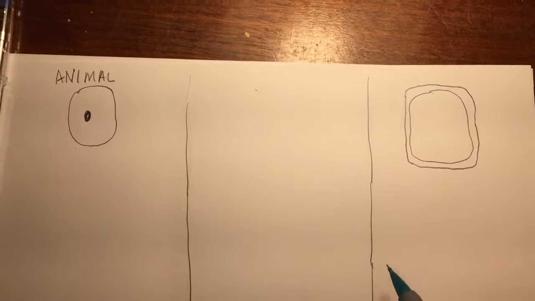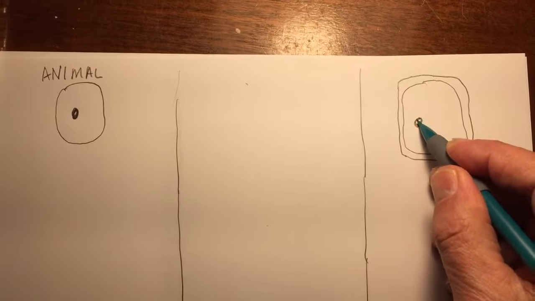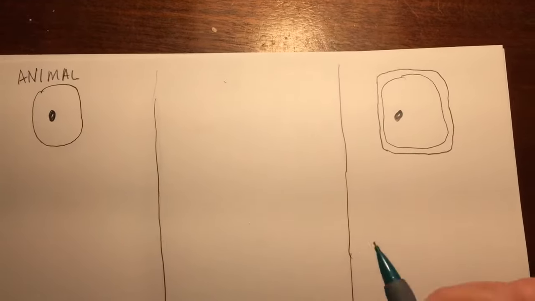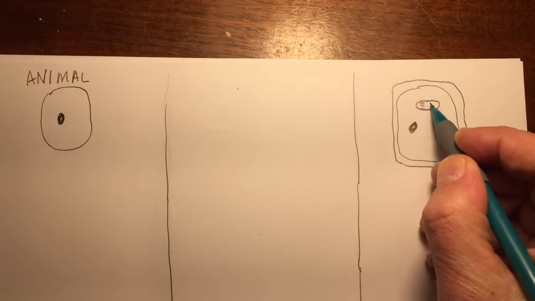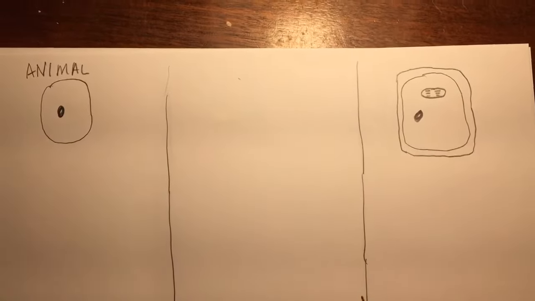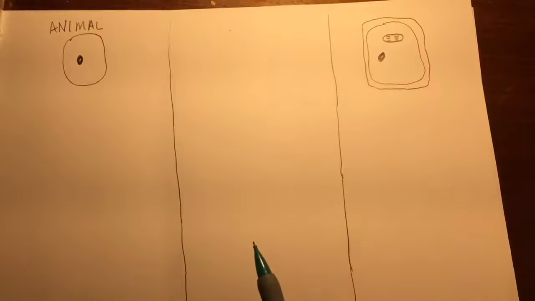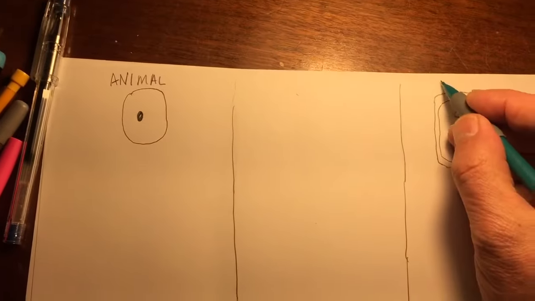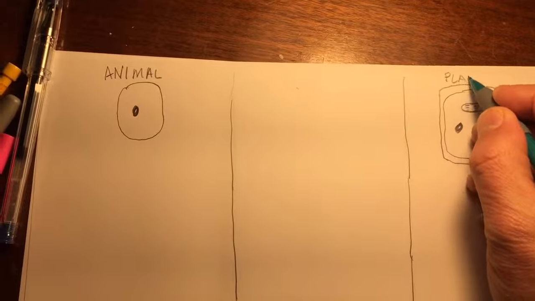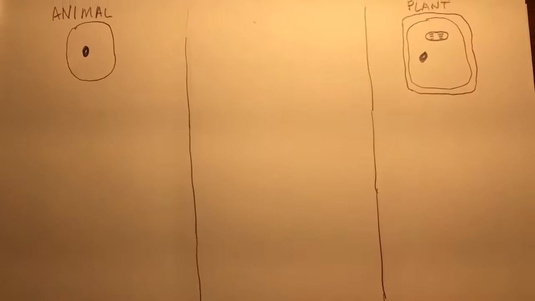We're going to draw a nucleus again, but we're also going to draw ourselves our little chloroplasts. Remember, they look like an oval with stacks of pancakes in there. We could color that green later if we wanted to. This is our plant, right?